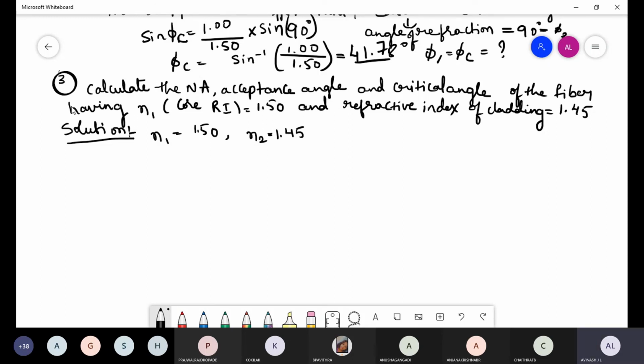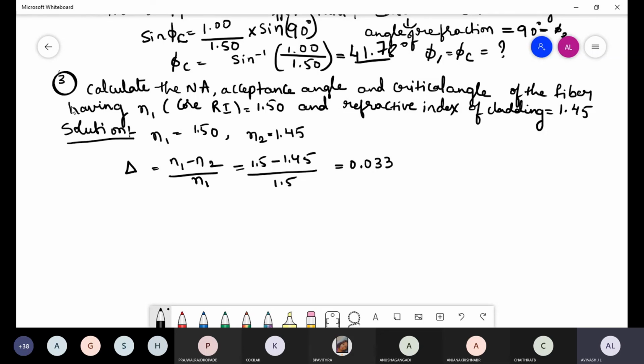That is what they are given. Now we need to know the relative refractive index difference value. Delta equal to N1 minus N2 divided by N1. So that is equal to 1.5 minus 1.45 divided by 1.5. So that will come across 0.033.